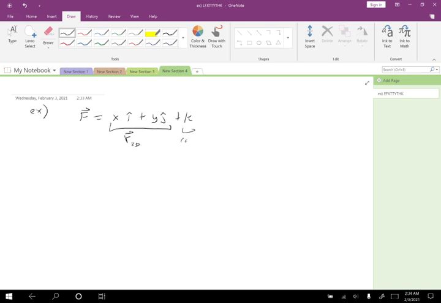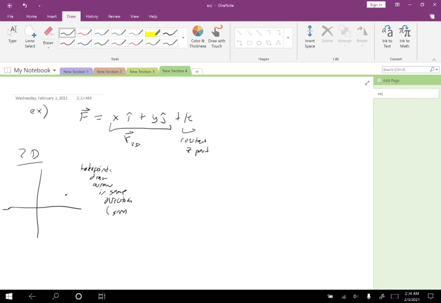And so now it's just a constant z part. So if you were doing 2D, I would draw r as you take any point and draw an arrow in the same direction. And you could do the same length as well.